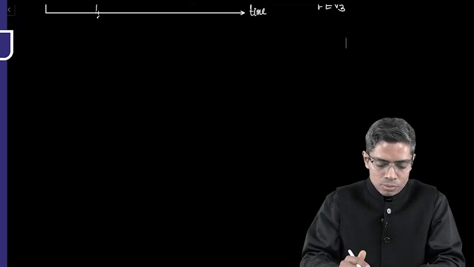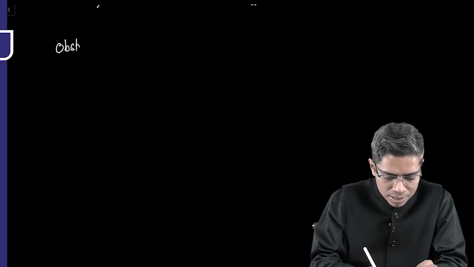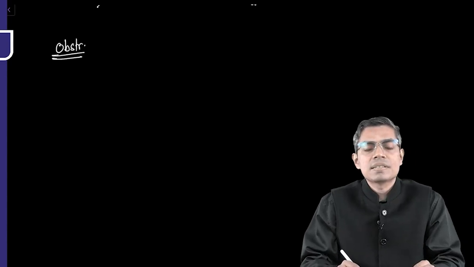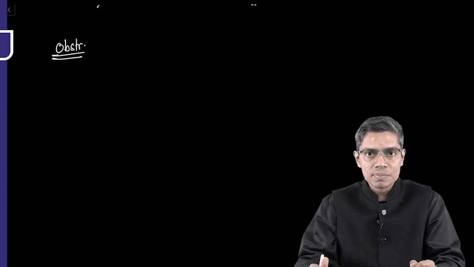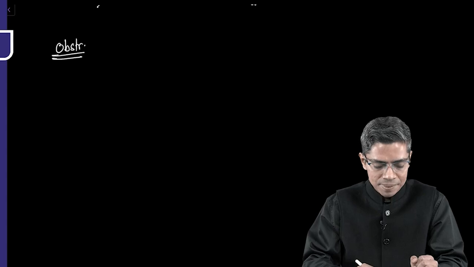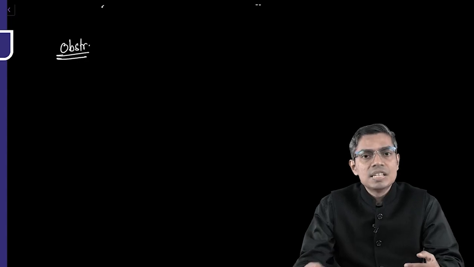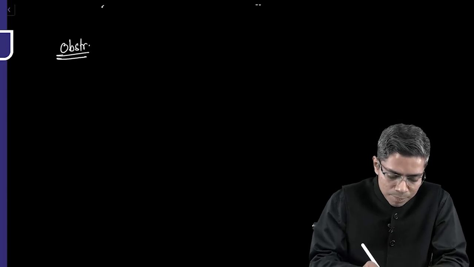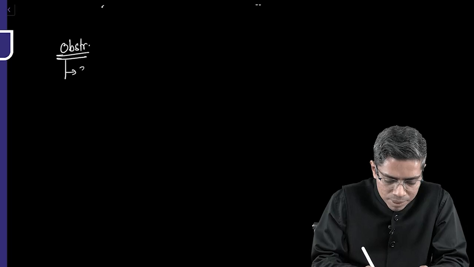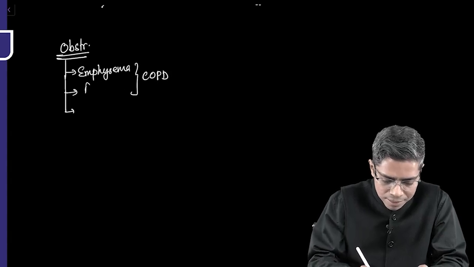So what are obstructive disease and restrictive disease of the lung? Then we will discuss how the dynamic lung volumes and capacities look if you record them from an obstructive disease patient. Obstructive disease means obstruction during expiration. The prototype examples of this disease are emphysema and bronchitis.